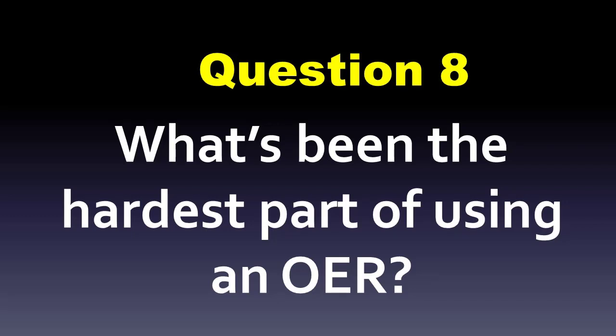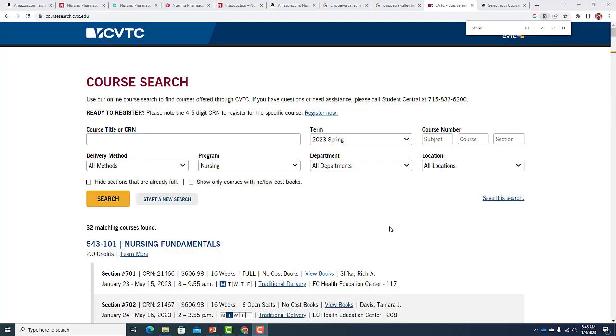All right, let's move on to question 8, which is what's been the hardest part of using an OER? And I think that really comes down to where does it fit into the course and how many credits of book is it? So this takes some digging, and this is where you really want to get a little backstory on it and figure out who's using it in what course.